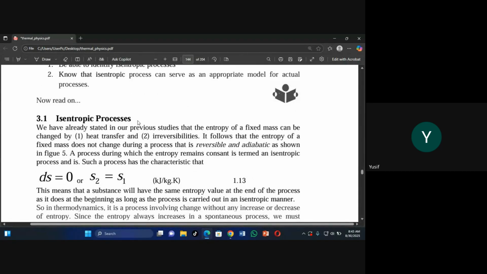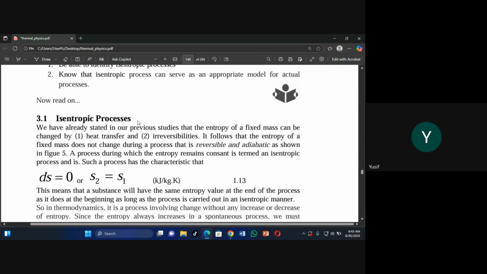And when we talk of the isentropic process, we are talking about a system or a change of system at a constant entropy. Okay, we said isothermal is a constant temperature. And we also say isochoric is a constant volume. We talk about adiabatic and all that.